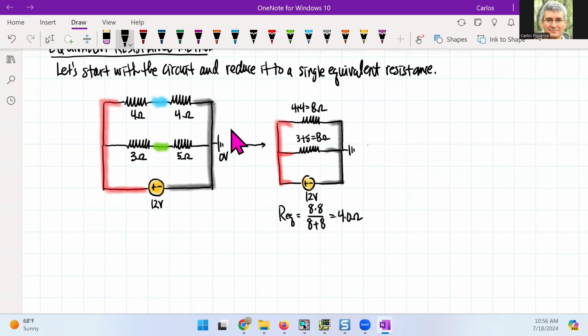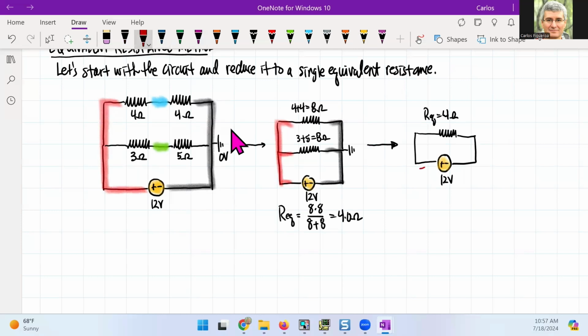So that means I now have a single resistor in my circuit. And this tells me that R equivalent is equal to 4 ohms.